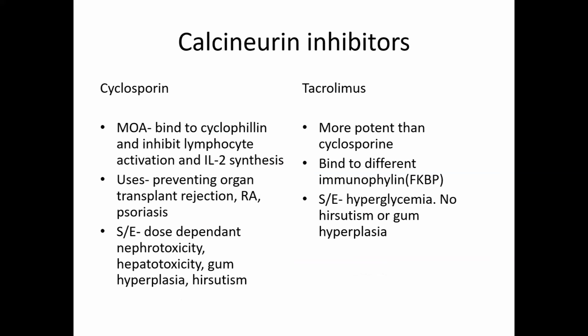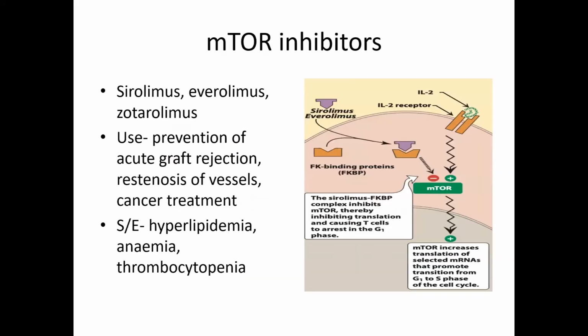These are the commonly used ones. But I want to mention that these drugs are commonly used for prevention of organ rejection, and the role of these drugs in sepsis is still at an investigational level. Again, we have mTOR inhibitors like sirolimus and everolimus.